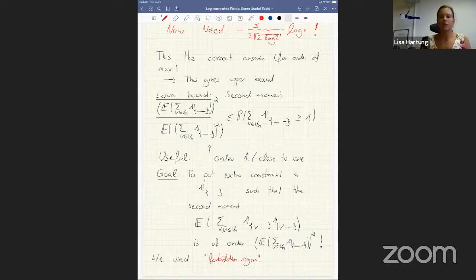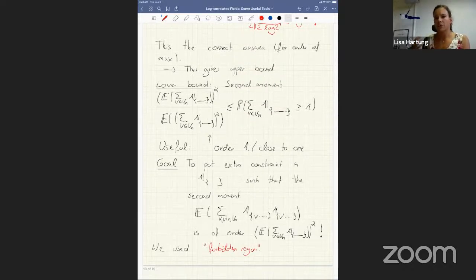So if you have a slightly different process that you would want to look into, the question always is, can I do something similar? Can I try to understand how a typical particle doing whatever I'm analyzing is doing? Can I formulate it in such a way that I can put it in as an extra condition in this indicator, so that I say that I only count good ones, good particles.